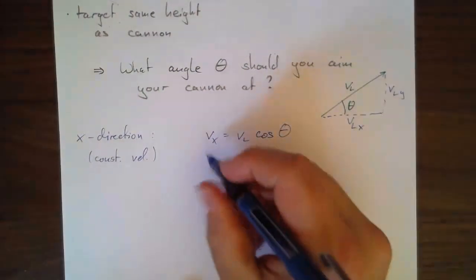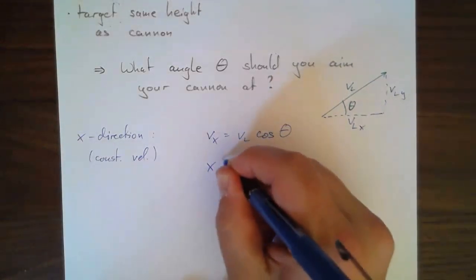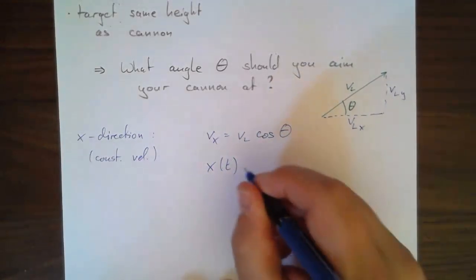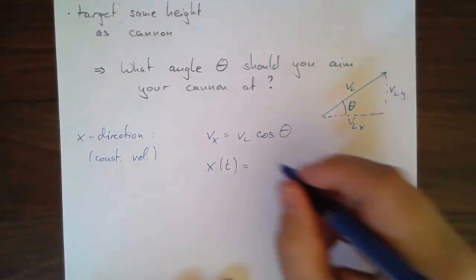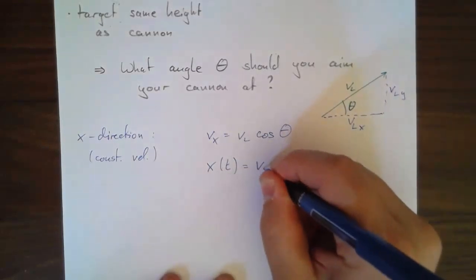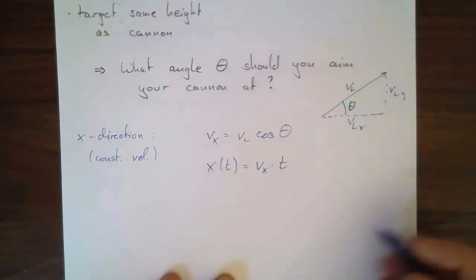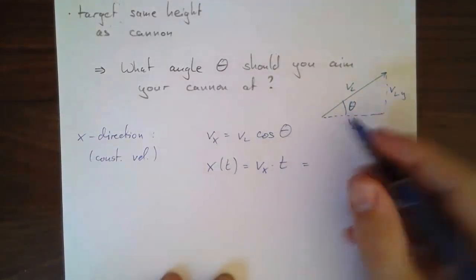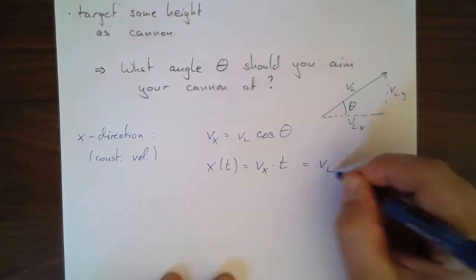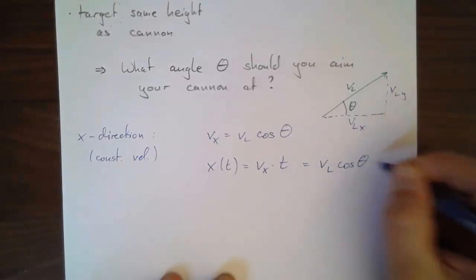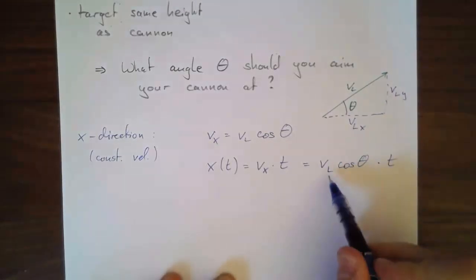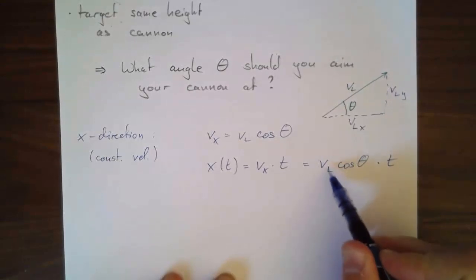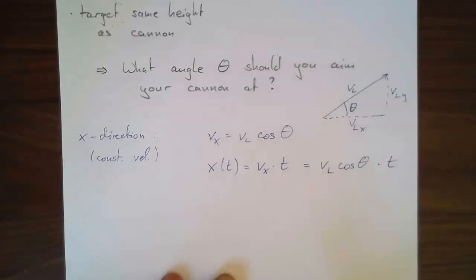It's constant velocity. So as a result, I can right away write down what my x position is as a function of time at all times. Namely, it's Vx times t, constant velocity motion, which I can write as VL cosine theta times t, because VL is given, is assumed known, and theta is the thing we're trying to find.